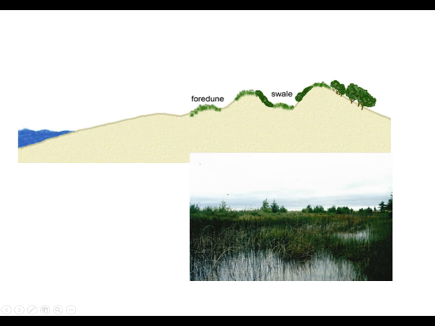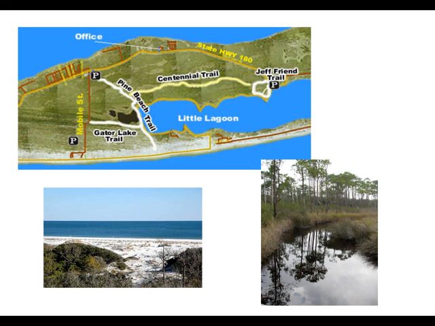Swale is a marshy, largely freshwater system. We will see dune and swale systems, barrier islands and beaches, probably in the Bon Secour area on Fort Morgan Peninsula. This, of course, is the beach looking out toward the Gulf of Mexico. This is the swale area behind the dunes.